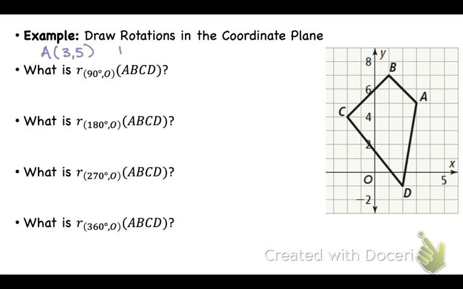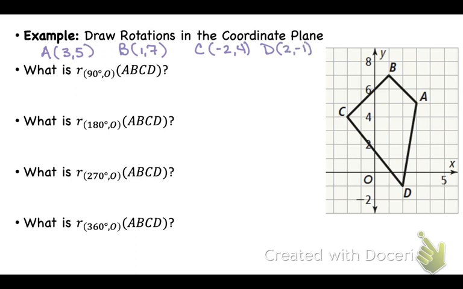What's B? 1, 7. And C? Negative 2, 4. And D? Positive 2, and negative 1.